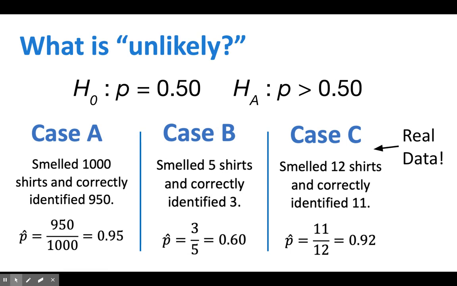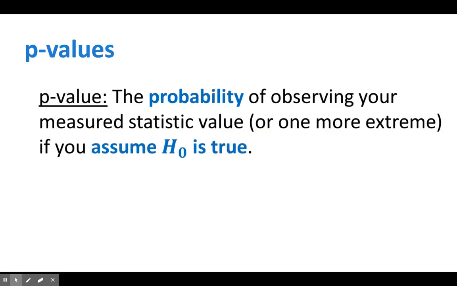So, how do we formalize it, and what statistical measure actually solidifies likely versus unlikely to happen? And this is where p-values are used. So, p-value. The definition, first off, p stands for probability. So, p-value is a probability value.